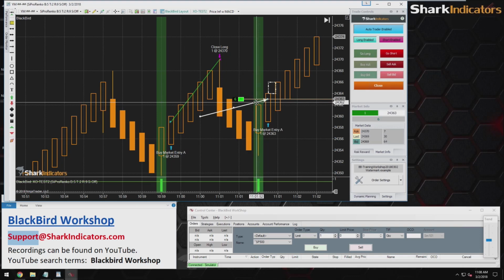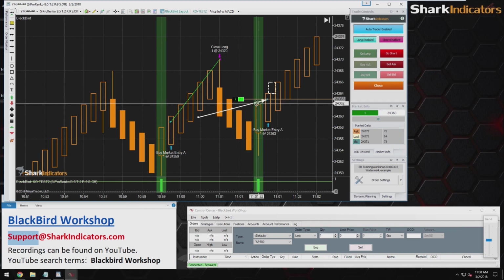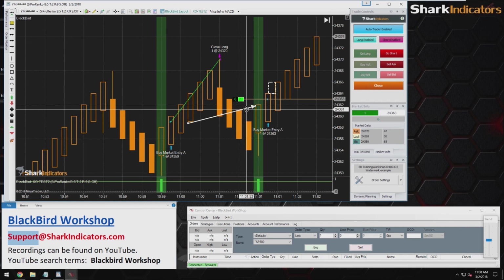The way range and renko bars are calculated, price has always moved at least one tick beyond the previous bar in order for the signal bar to close and the next bar to open. So you're always going to have this gap between your entry price and the closing price of the bar.